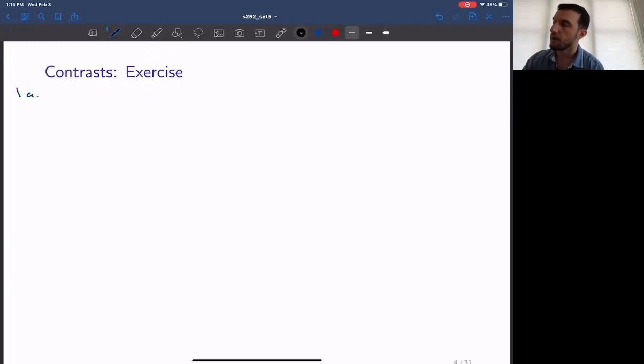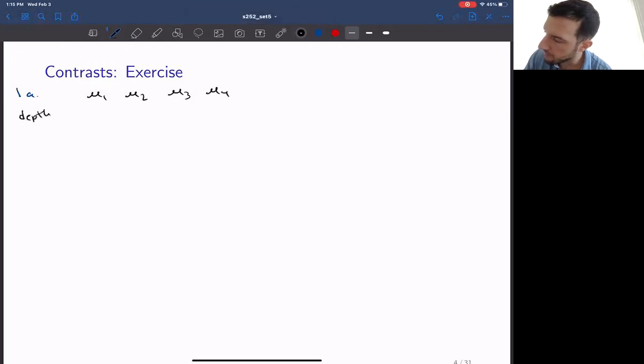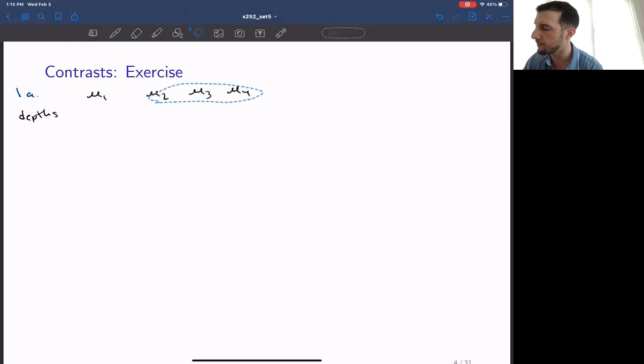Okay. So we have 4 population means. We've already written out the depths that are associated with the mean. So this is literally the same table that I built on the previous slide, but I'm just bringing it over here so that we have it as a reference.